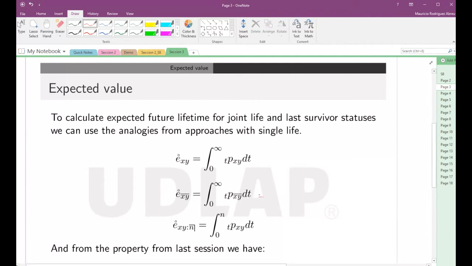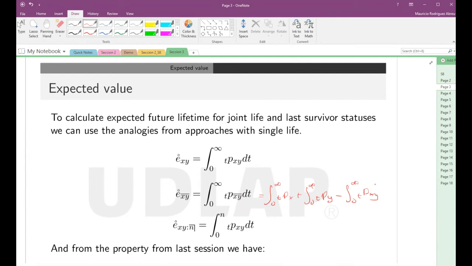For last survivor, again, we can estimate this if we have the expression for last survivor, or we can also remember that since we can split this probability into individual probabilities, and then subtract the joint life. Well, and then I'm missing the differential of t there. So we can do it in both ways.